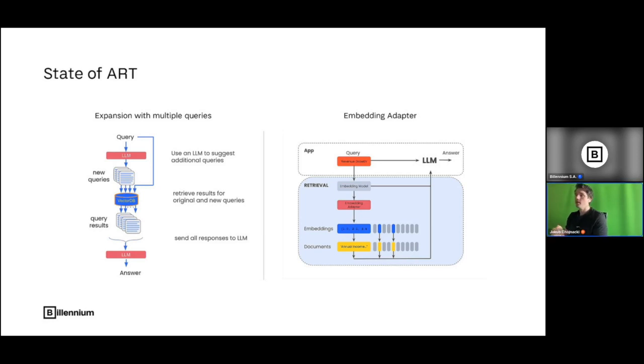The second one is the embedding adapter. In a cheap way, it will alter your embedding store. You can imagine a situation in which you have 1,000 documents, and 200 of them got out of date, right? You wouldn't like to search those documents at any point.